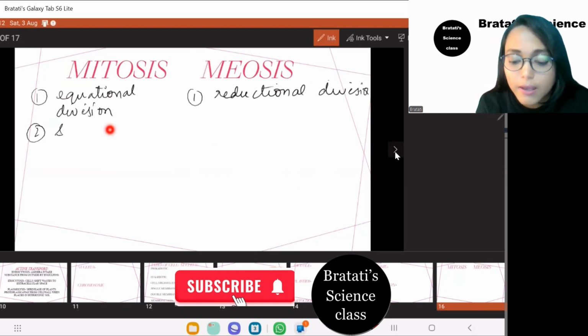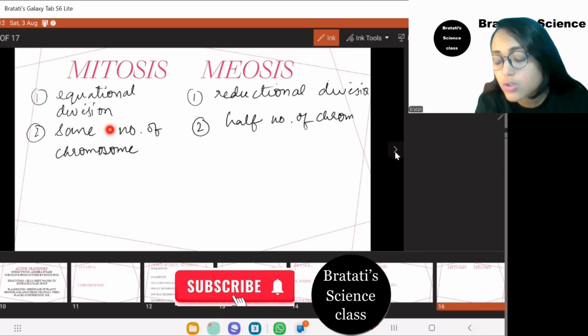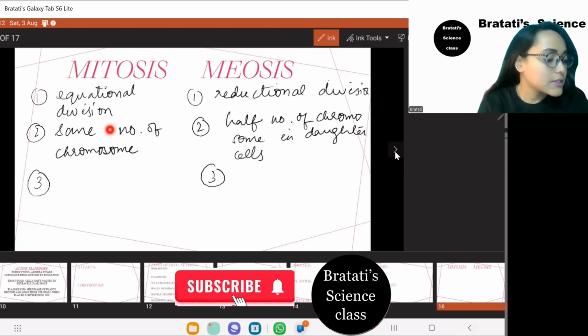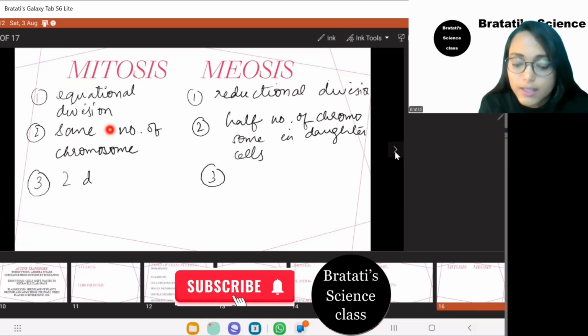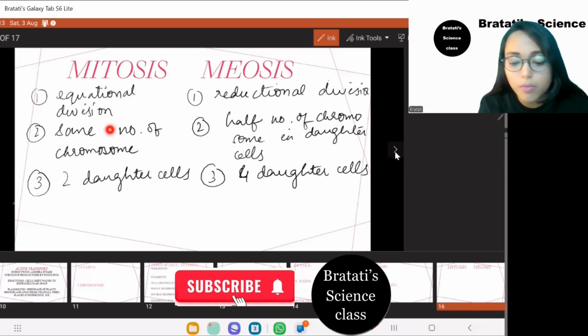Number 2, the daughter cells have the same number of chromosomes in mitosis, but in meiosis the daughter cells have half the number of chromosomes. Number 3, in mitosis two daughter cells are formed, and in meiosis four daughter cells are formed.